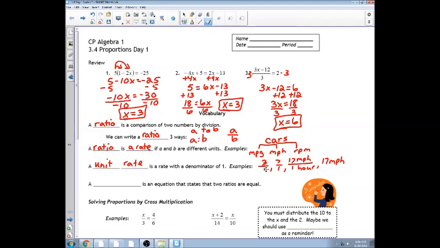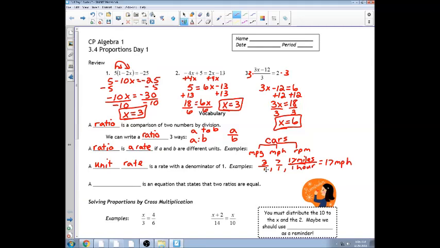Sorry, this wouldn't be miles per hour in the fraction. This would be miles in the fraction. So it'd be 17 miles traveled over 1 hour, which would give us 17 miles per hour.